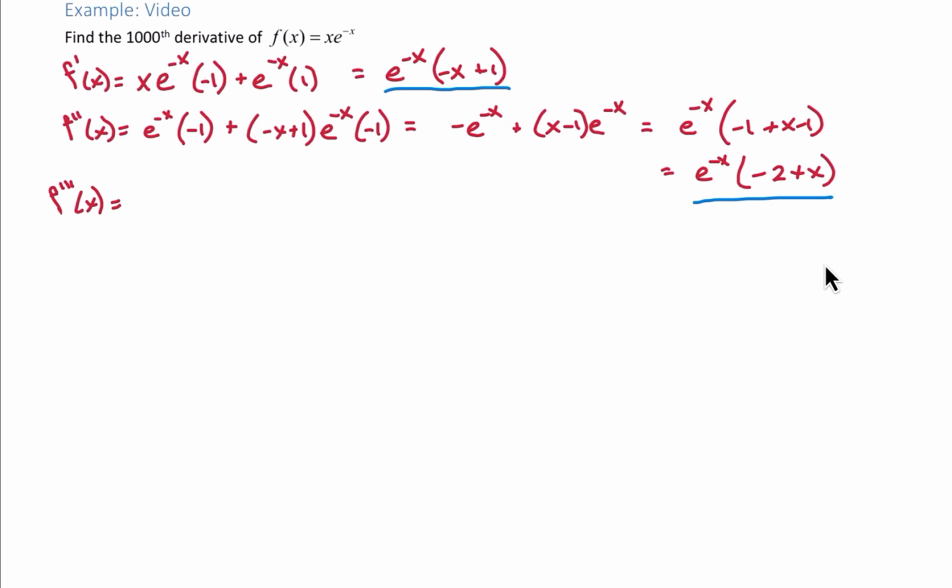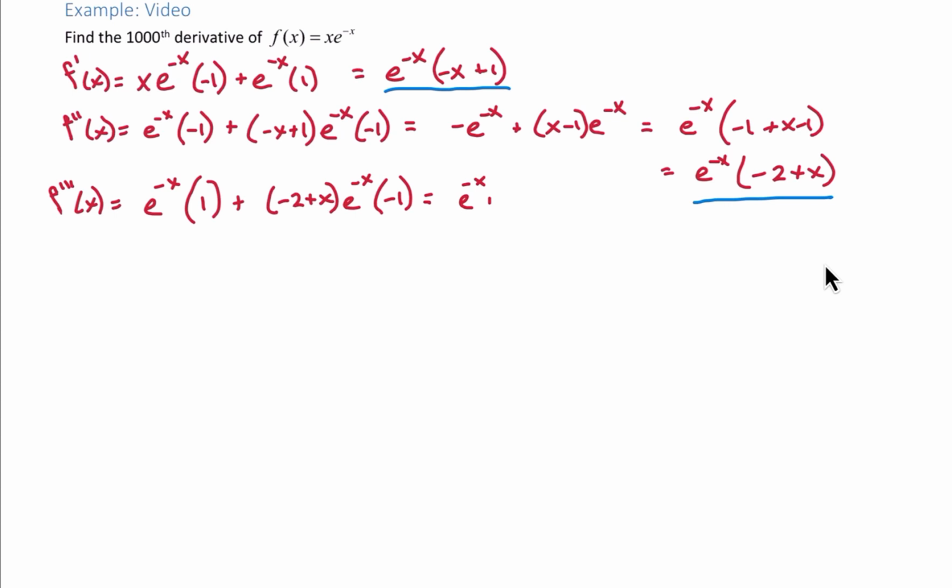We have product rule, e to the negative x times derivative of the second, it's just 1, plus the second times derivative of the first. Now we'll clean that up. That is e to the negative x.